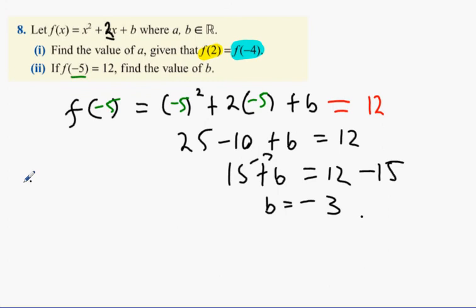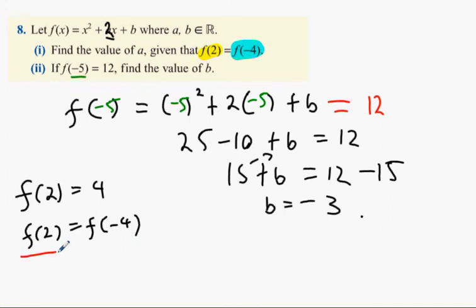So f of 2 equals 4 as opposed to f of 2 equals f of minus 4. What this means is that f of 2 equals 4 means that the output for 2 is 4. However, f of 2 equals f of minus 4 means the output for when the input is 2 is equal to the output when the input is minus 4.